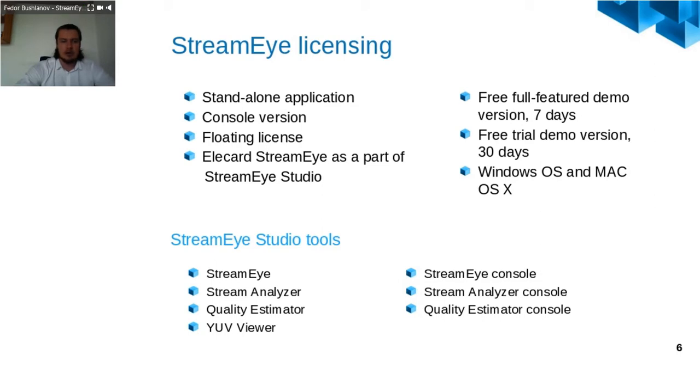All those errors are combined in 3 priorities. And Stream Analyzer allows you to analyze all of those priorities, all of those errors from the TR 101 290 standard, and of course provide a final analysis report.